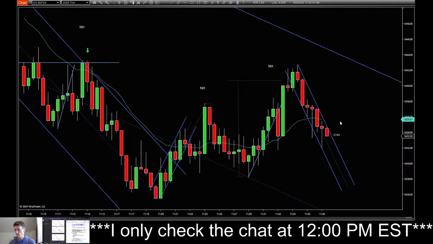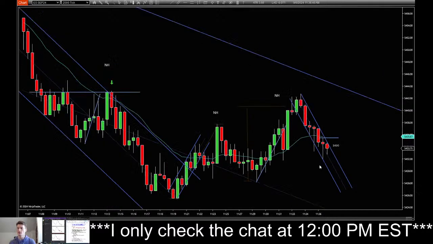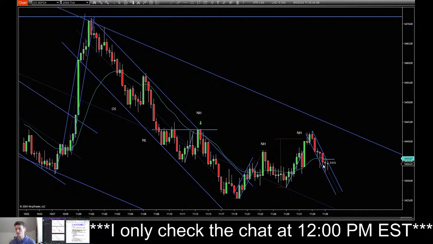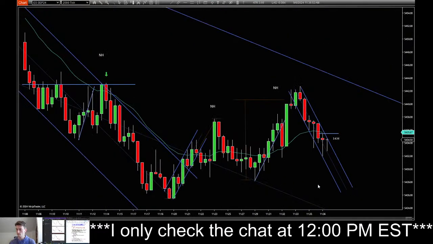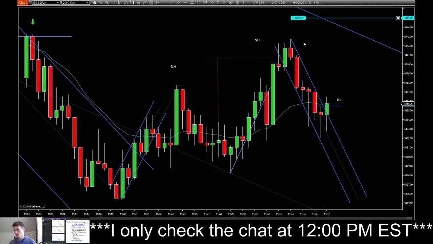Possibility of a lower high. Just have to break above this bar and create a bearish bar off the EMA, in which case I would definitely consider taking this lower high. But it has moved pretty far. Okay, possibility for a lower high here.